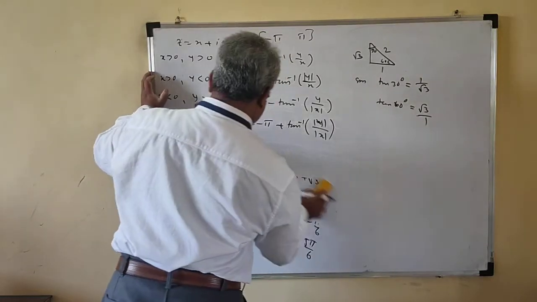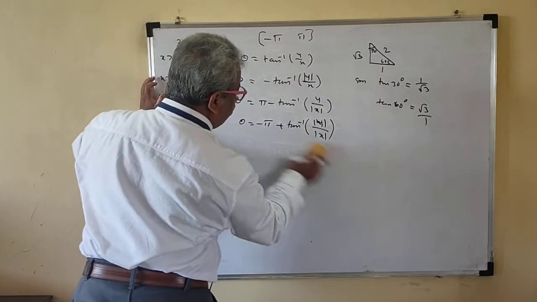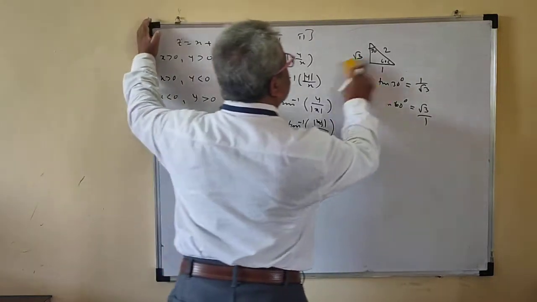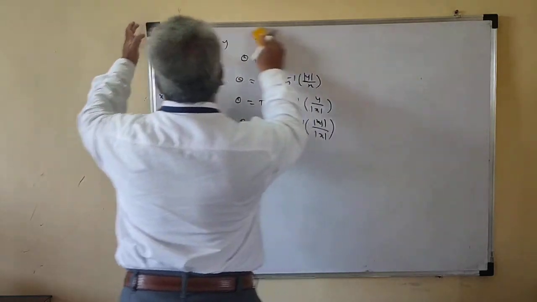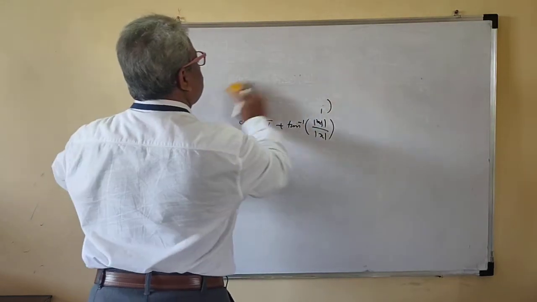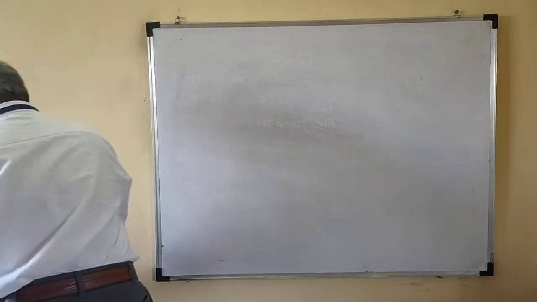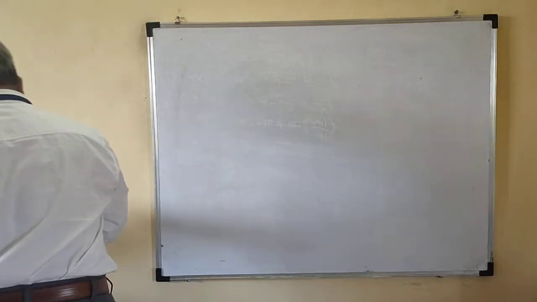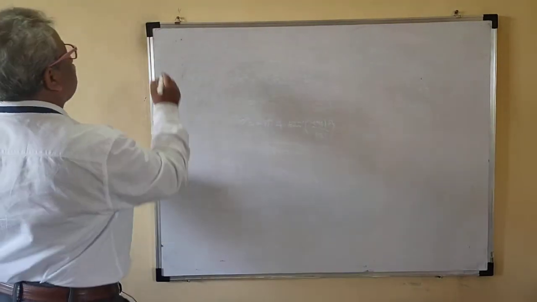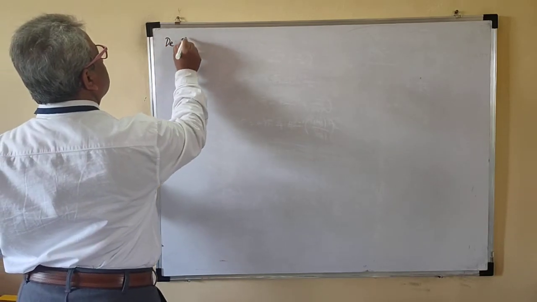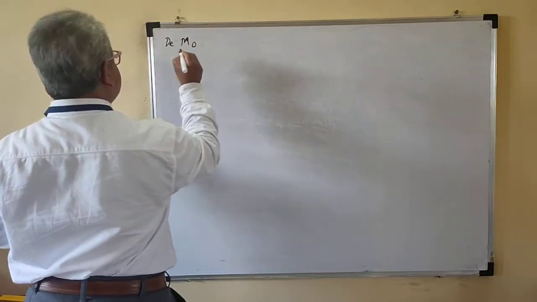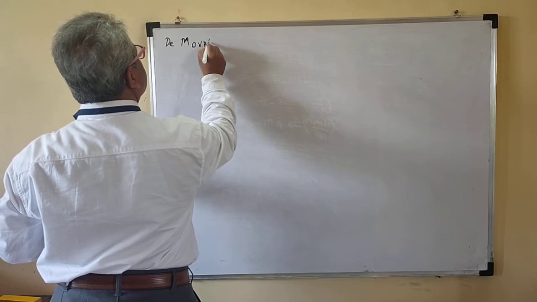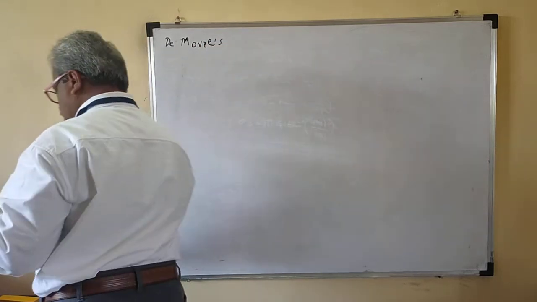So these are the formulas to find the principal argument. Now this is a very important theorem, De Moivre's theorem.